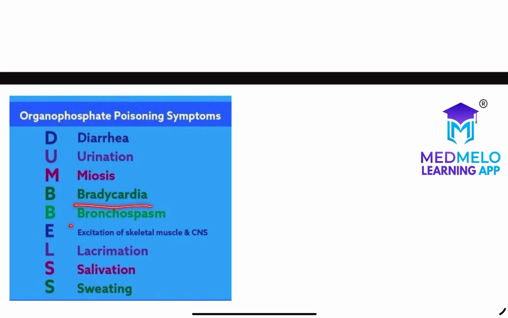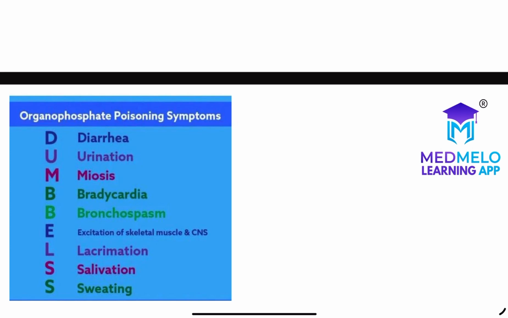Then bradycardia, bronchospasm, and bronchorrhea, that is more secretion of mucus in the bronchus. Then E is the excitation of skeletal muscles and CNS. Then L is lacrimation, more secretion of tears. Then salivation, more secretion of saliva. Then sweating, an increase in sweating. These are the symptoms of organophosphorus poisoning.